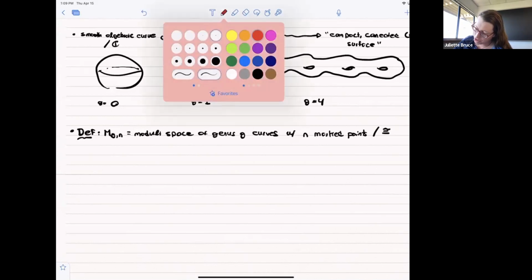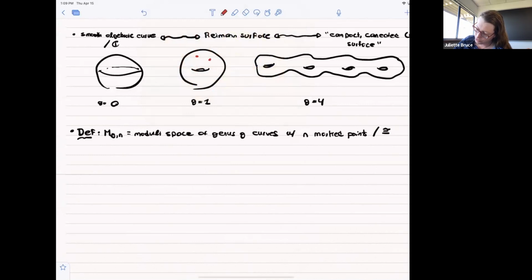By marked points, I just mean I'm going to pick some points on my surfaces. Maybe we're putting sprinkles on our donuts, or little bits of apple on our fritter.